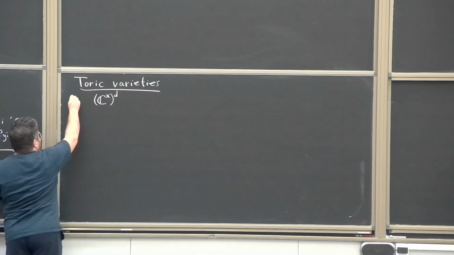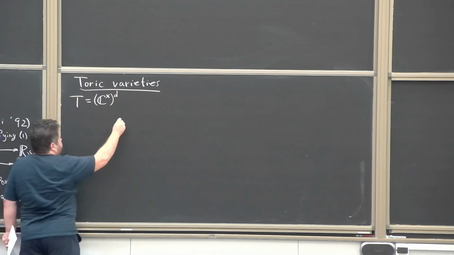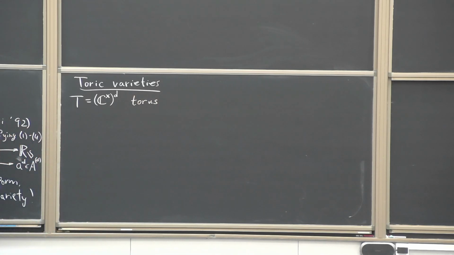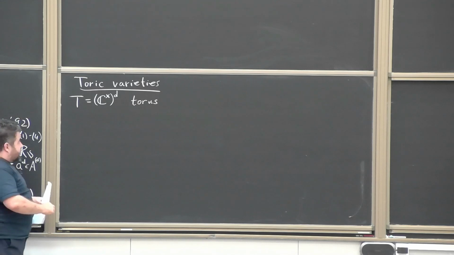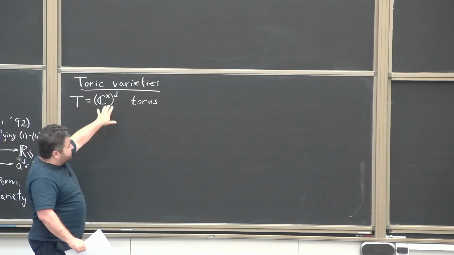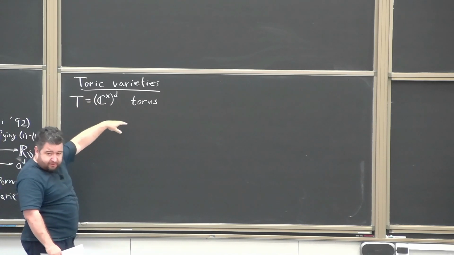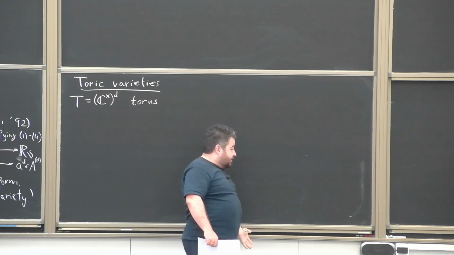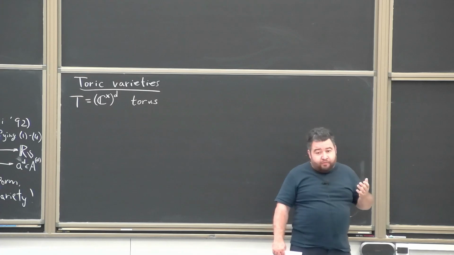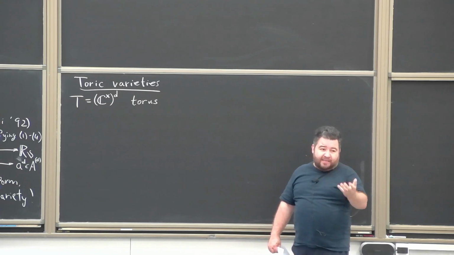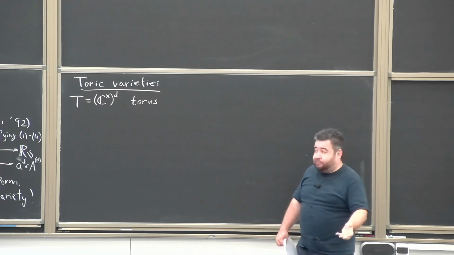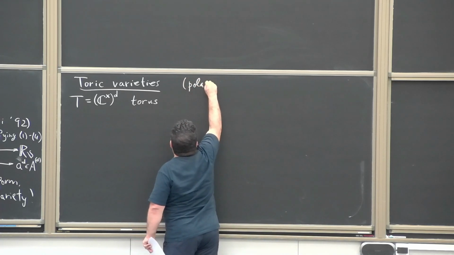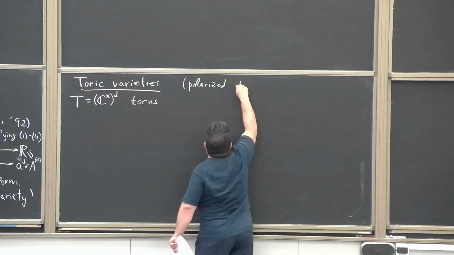So T, this thing is an algebraic torus, the multiplicative group of C. And well, for me, all toric varieties will be projective, and mostly I'll be working with toric varieties embedded into projective space. So it's usually called polarized varieties. So projective, polarized, projective.